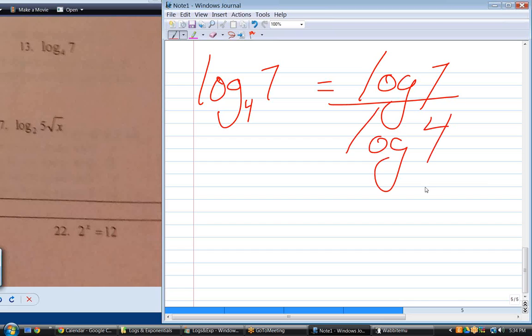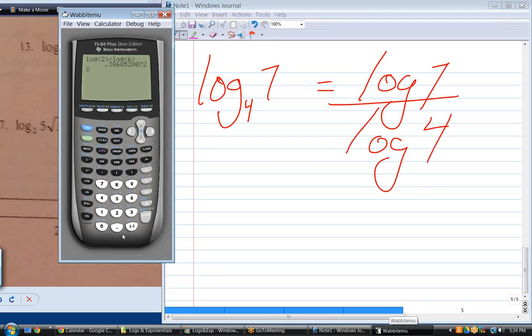This time I'm going to use, I guess I used that last time also. But just to show you, if I do log 7 divided by log 4, I get 1.4, and now I'm going to use natural log of 7 divided by natural log of 4, you get the same exact number.